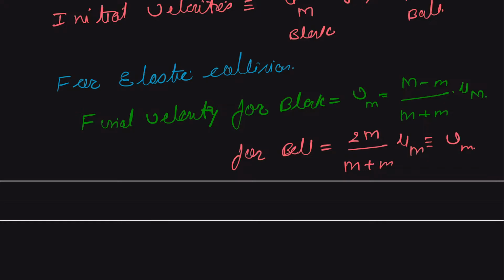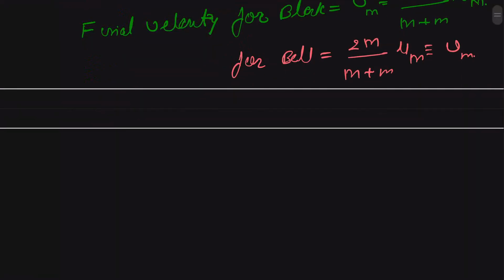Now we are given that our M is very much greater than small m. Therefore we can write that our Vm will be approximately equal to v0 times (1 minus 2m divided by capital M).